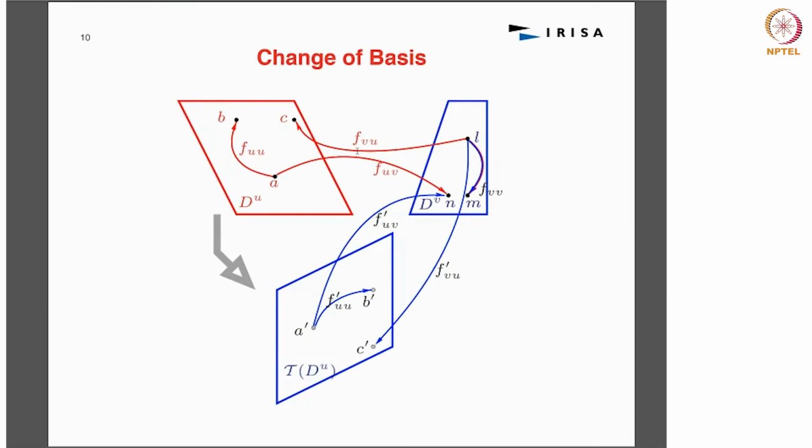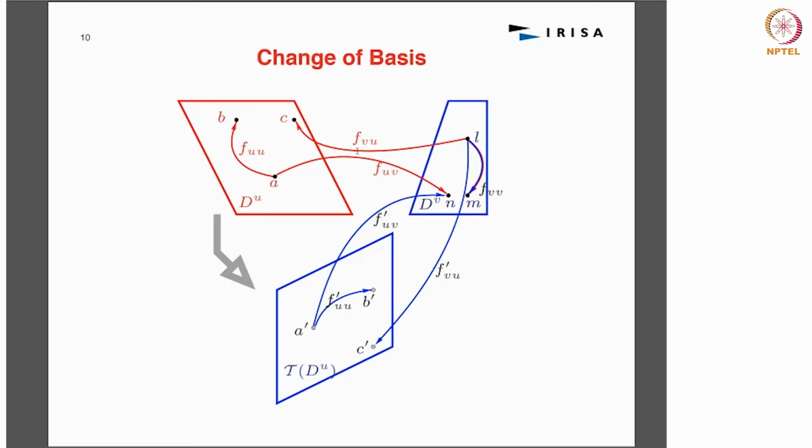All right. Now let's look at this function f prime UV. In the old program, I had a function f_UV, which was a mapping from A to N. You're seeing that arrow? In my new program, A has moved to A prime.